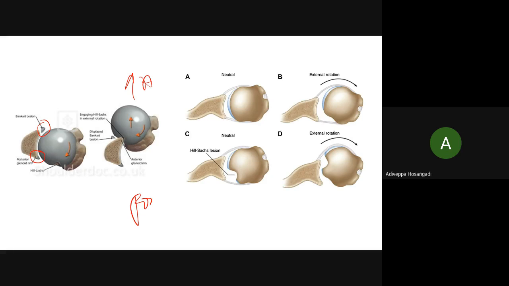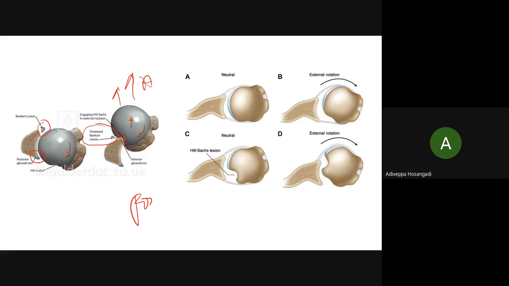So when the shoulder is dislocated anteriorly, part of the head hitches on the anterior part of the glenoid. In the bargain, you will see there is a rupture of the glenoid labrum and there is an impression fracture.